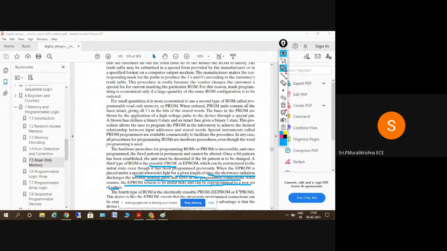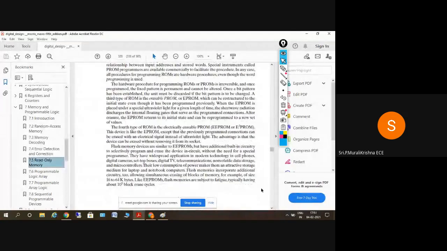Coming to the next kind of PROM, which is electrically erasable PROM, called E square PROM. In the earlier case we used UV light, but here we erase with the help of electrical signals.